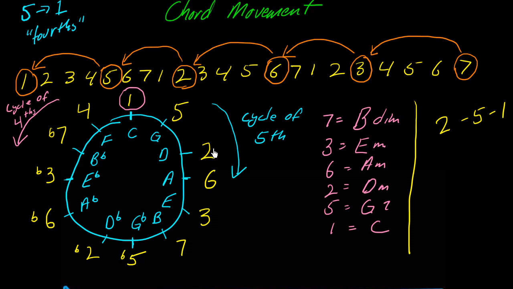And if you look at this, 2, 5, 1, one of the reasons why is because it's following this circle of fourths, how the chords travel. 2 minor, 5 dominant, 1. But there are so many other songs that go from 6, 2, 5, 1. The song Daughters by John Mayer, that's basically the majority of the song. 6 pulls to 2, which pulls to 5, pulls to 1.